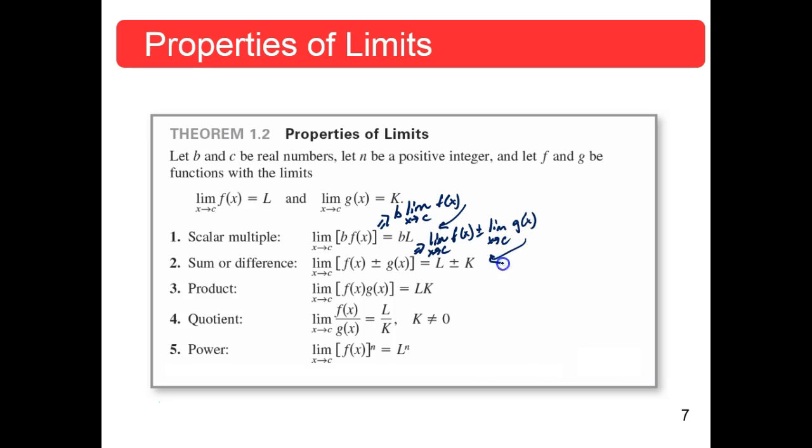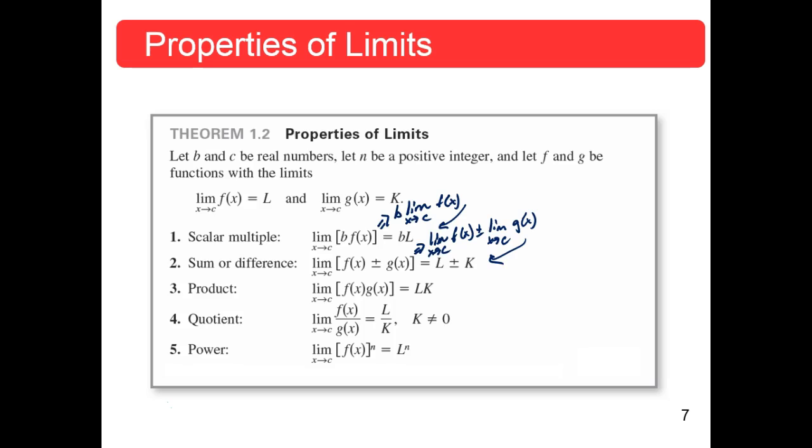And then that leads you to here, because we know this is the rule that the limit of a sum or difference of two functions is the sum or difference of the limits of the two functions. You just interchange the addition or subtraction with the limit. That's L, and that's K, so that's L plus or minus K.